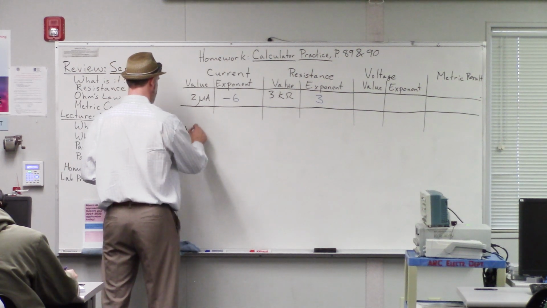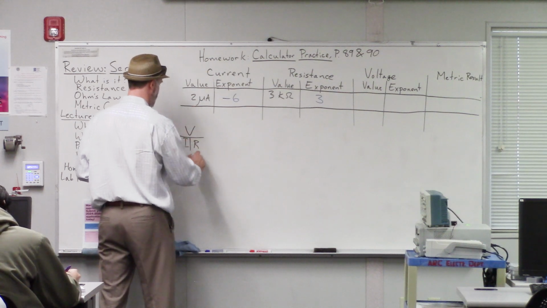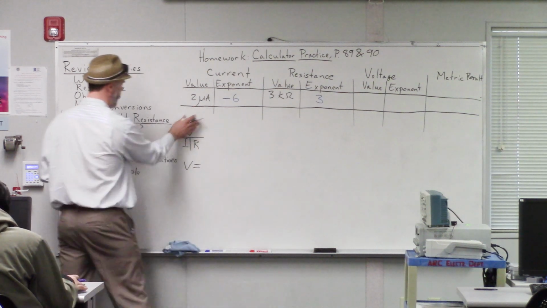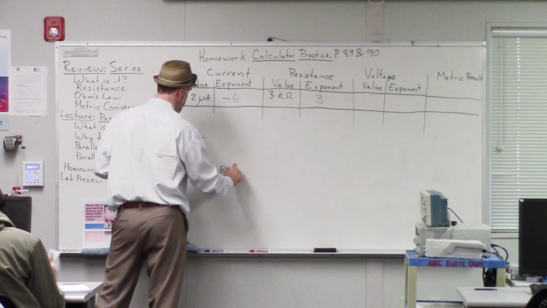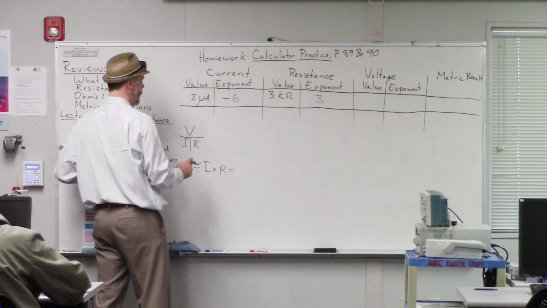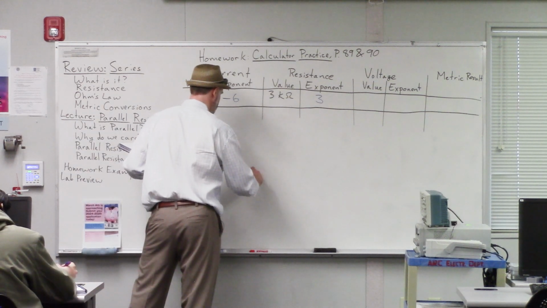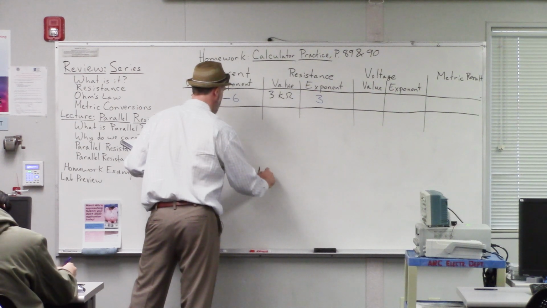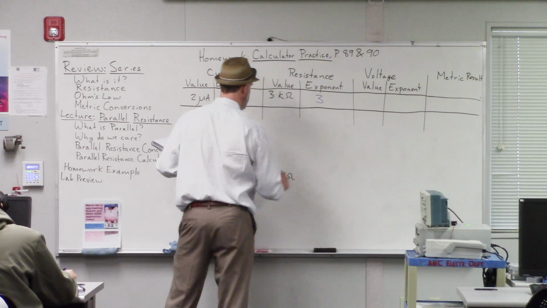We say V, I, and R. V equals, we cover that up, we see it's I times R. So in this case, that would be 2 microamps times 3 kiloohms.